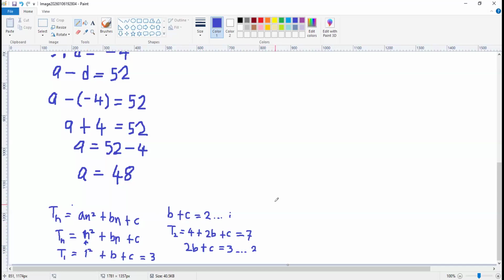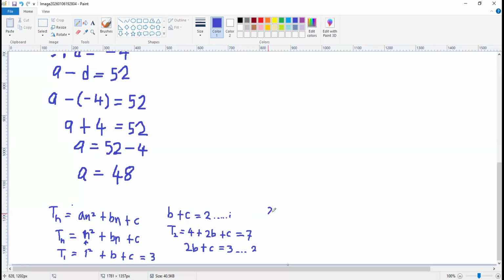Okay, all right. So if we were to solve it, there are different methods for simultaneous equations. If you want to use the substitution method, that's fine. If you want to use the elimination method, that's fine. So which method do you usually prefer? Elimination. Okay, so let's do the elimination method. So you can do equation 2 minus equation 1.